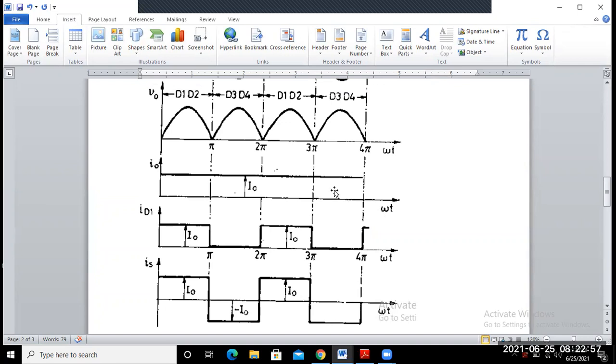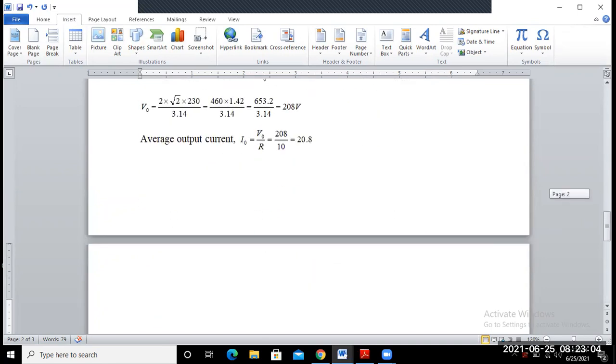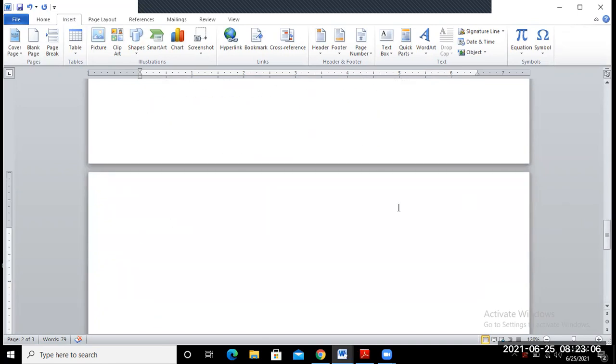So here we find the value of average diode current.